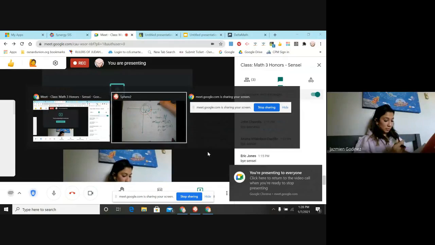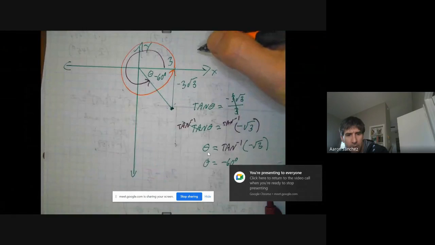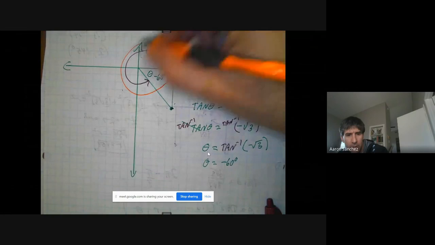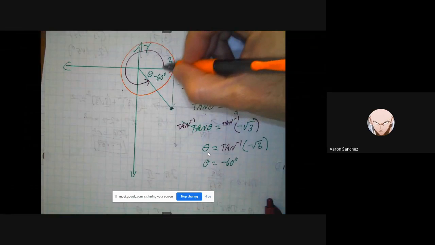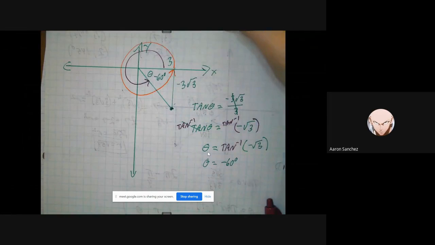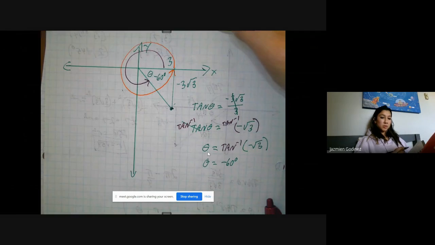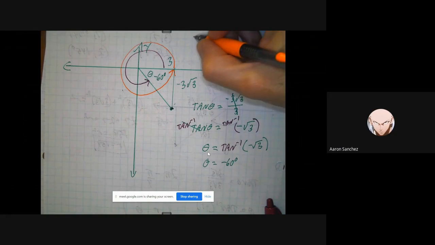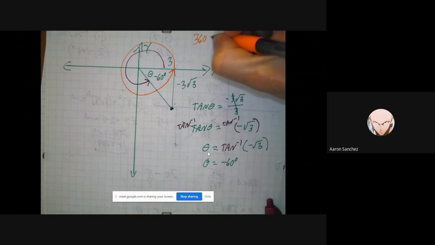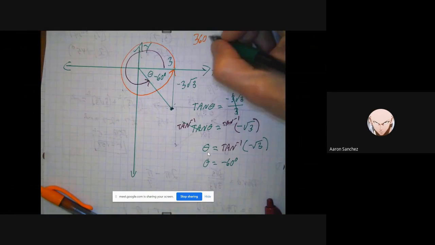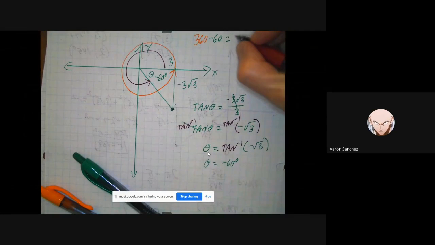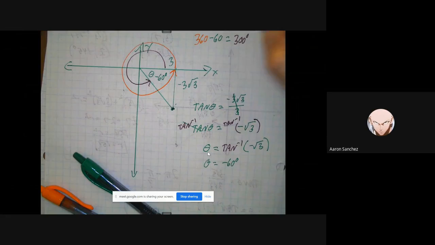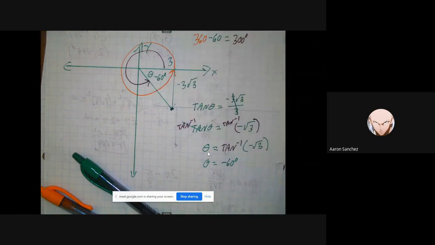Oh, 360. 360 is all the way around, right? Yeah. So if this is 360 and this angle's 60, how can I figure out the purple here? You subtract. Yep. So I'm going to go 360 minus my 60, and I will get my purple angle, which is 300 degrees. Does that look like it would be 300 degrees to you?